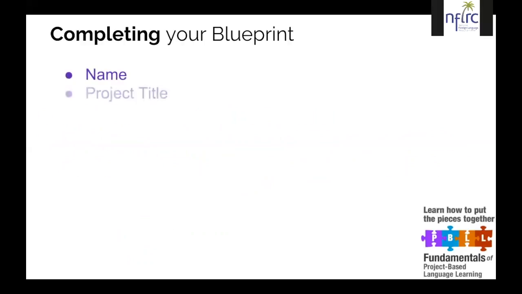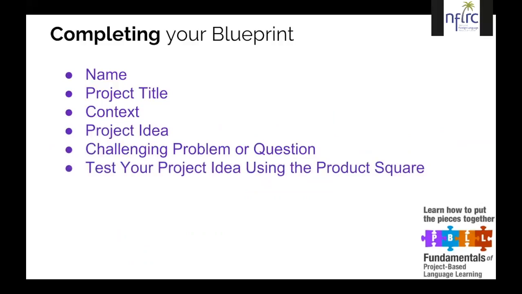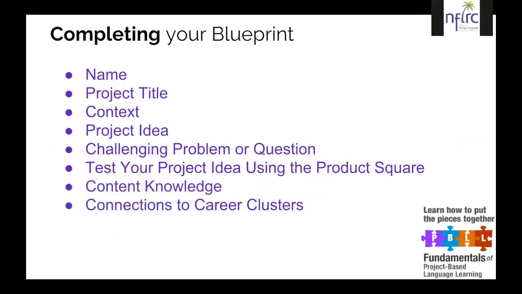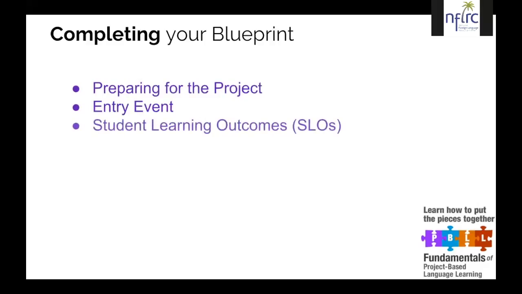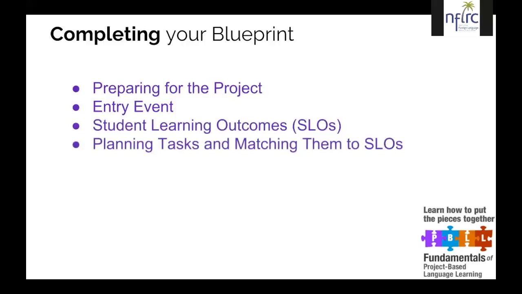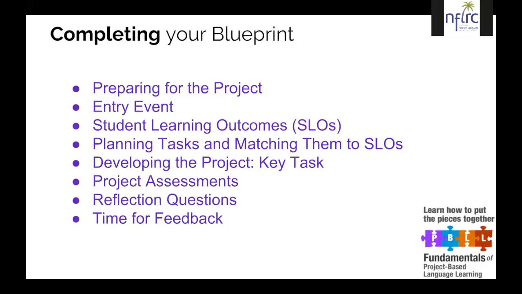We have your name, the project title, context, project idea, challenging problem or question, test your project idea using the product square, content knowledge, connections to career clusters, 21st century success skills, intercultural competence, preparing for the project, entry event, student learning outcomes, planning tasks and matching them to SLOs, developing the project key task, project assessment, reflection questions, and time for feedback.